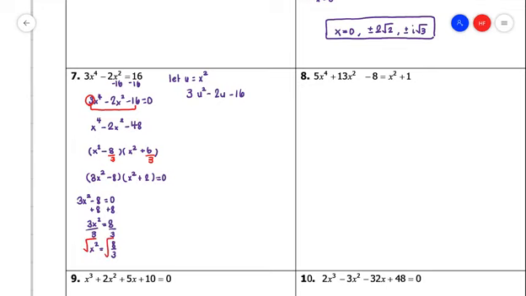We've got x squared equals 8 over 3. We take the square root of both. So that means x equals the square root of 8 over 3, which is 2 root 2 over the square root of 3.